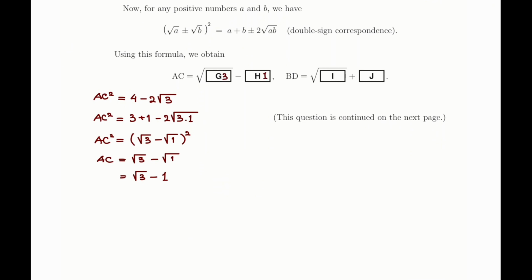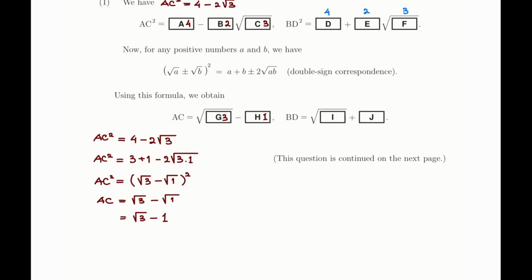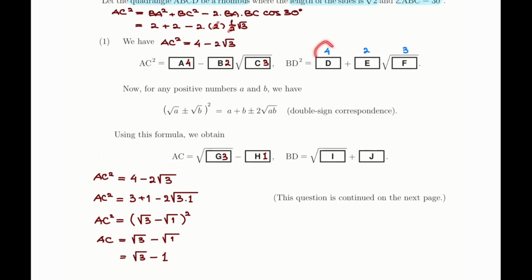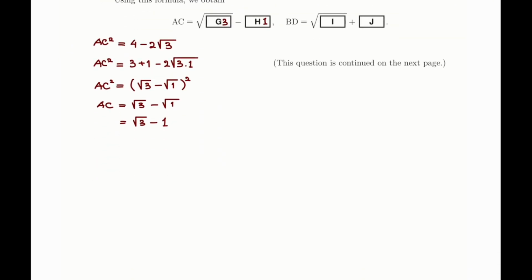By using a very similar concept, you can find BD. My BD squared is equal to 4 plus 2 square root of 3. I think you can do it by yourself.